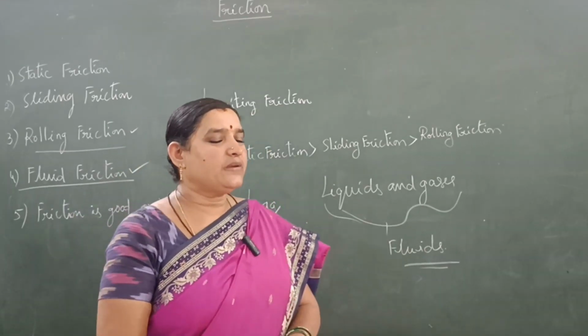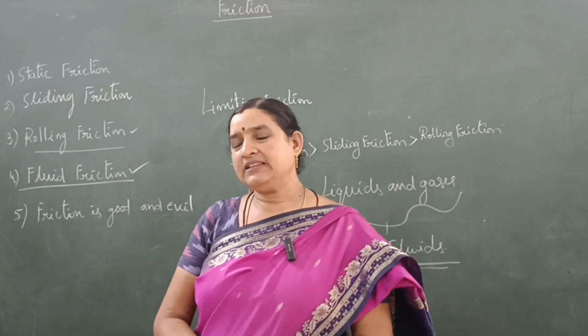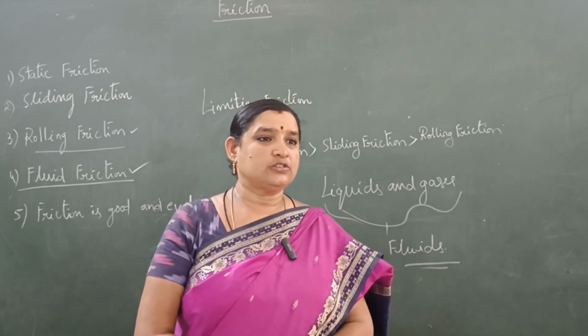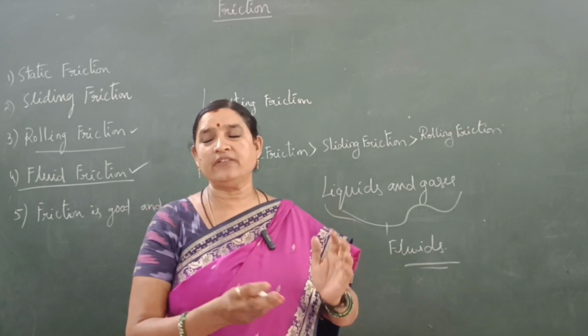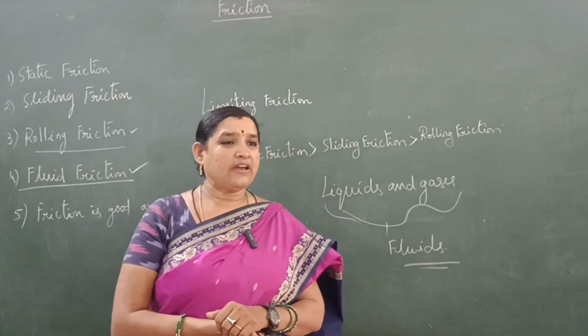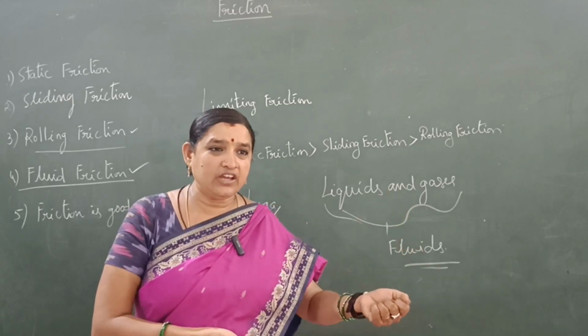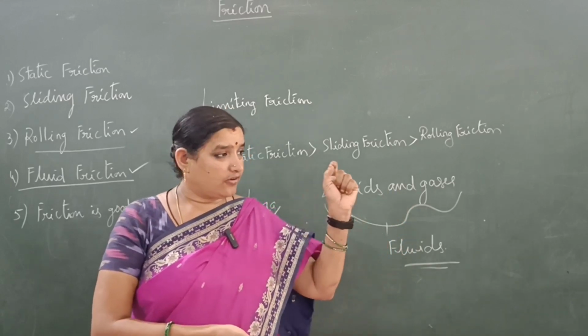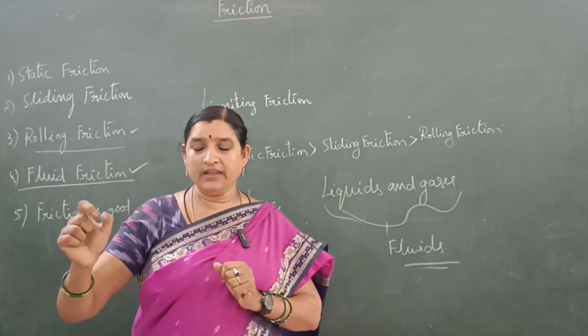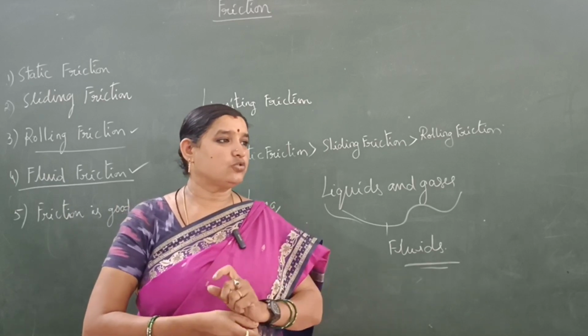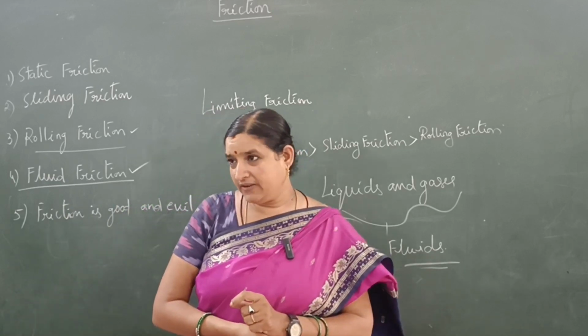If we observe our day-to-day life, friction is good as well as evil. Friction is useful in our day-to-day life. Without friction, we cannot walk, we cannot run, we cannot hold any object, we cannot write. So friction is good in our day-to-day life.